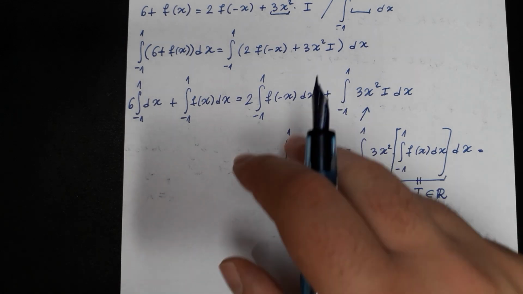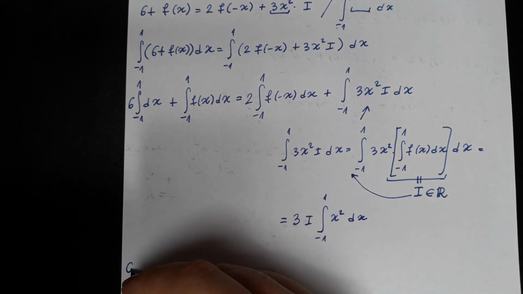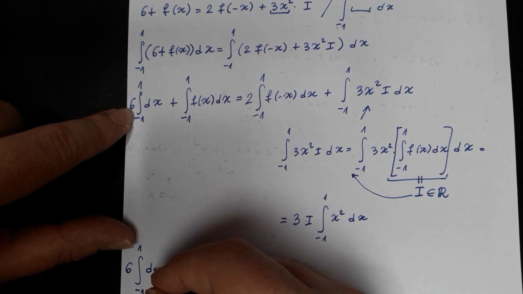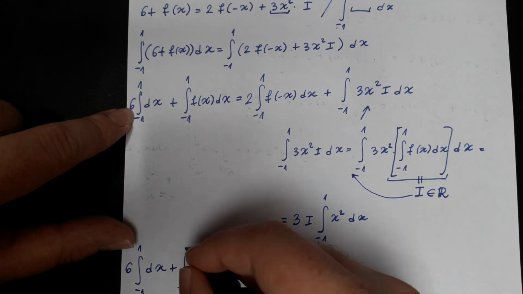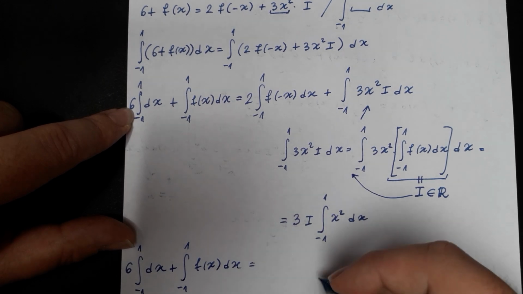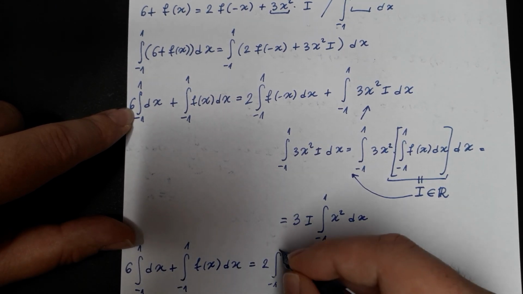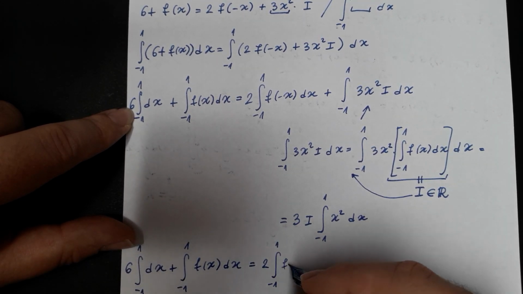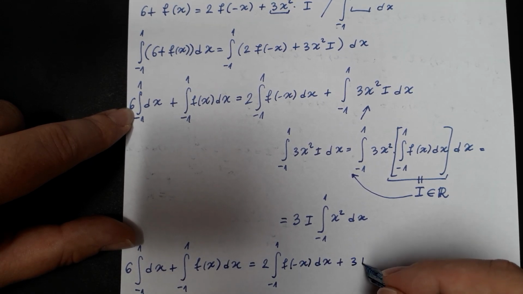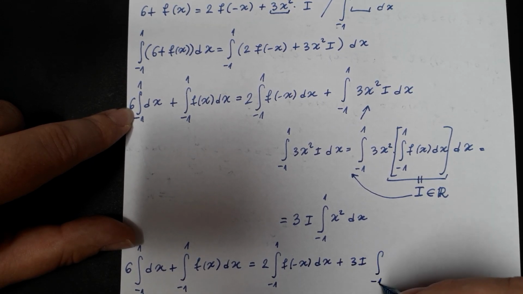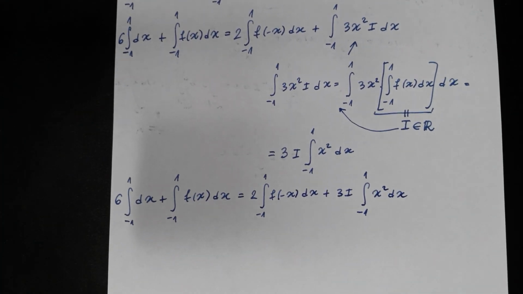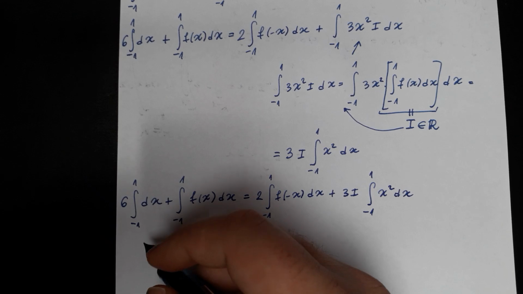Let's substitute that into our equation, which we are solving. So we get 6 times the integral from -1 to 1 dx, plus the integral from -1 to 1 of f(x) dx is then equal to 2 times the integral from -1 to 1 of f(-x) dx plus 3I times the integral from -1 to 1 of x squared dx. And now let's evaluate this.